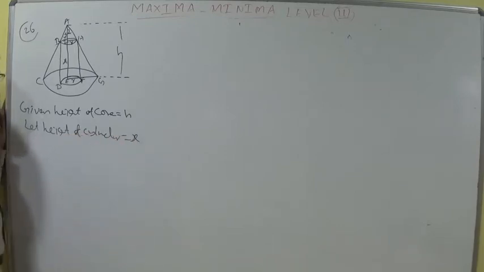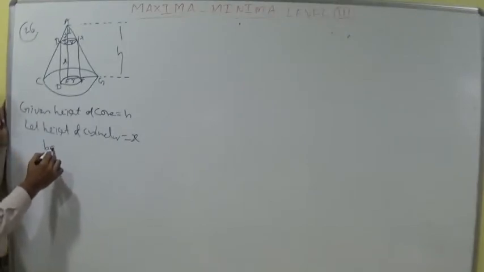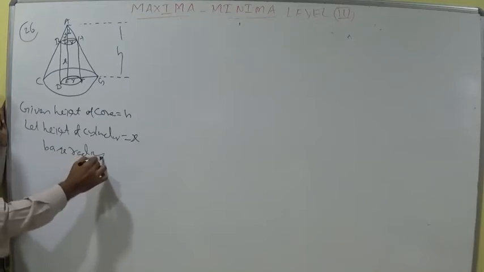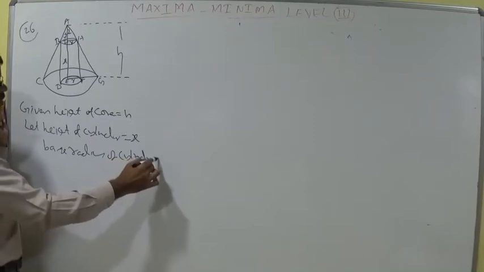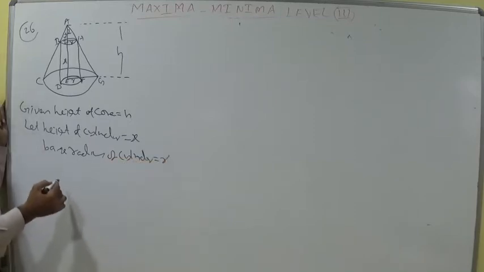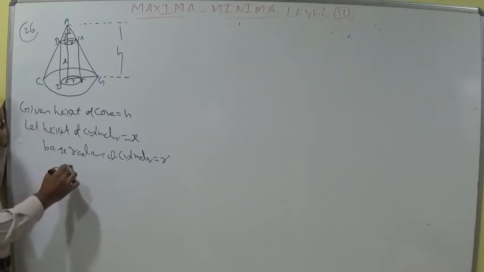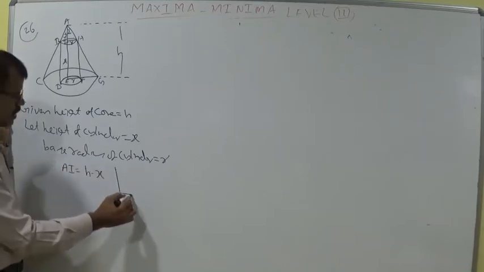Now in the triangle, AI is equal to h minus x. Draw the triangle here. This is A, this is I, this is H, capital H. Here it is angle alpha. This is H minus x and this is small r.